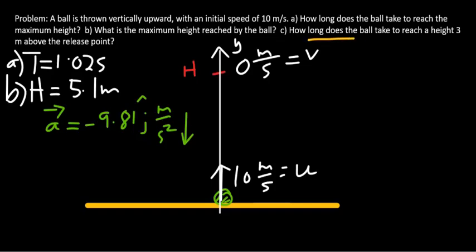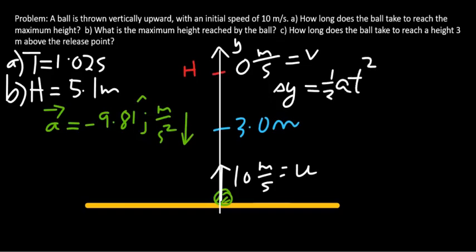Part C, how long does the ball take to reach a height 3 meters above the release point? What that means is, assume that the object is, let's say, here, where it is at the 3 meter mark from the ground. What is the time it takes to get there? We can use this second equation of kinematics to get the answer that says the distance equals half acceleration times the time to get there squared plus the initial speed times the time to get there.